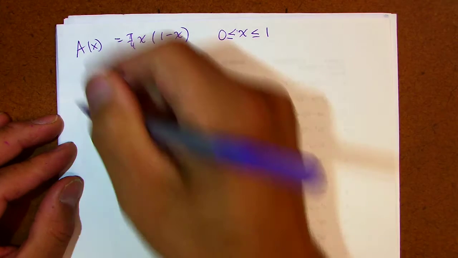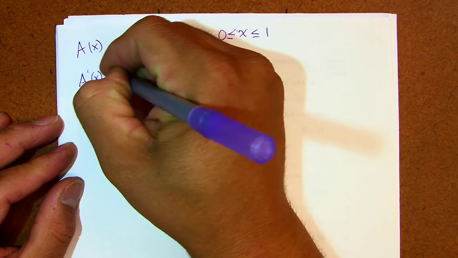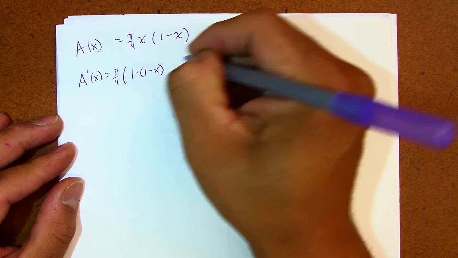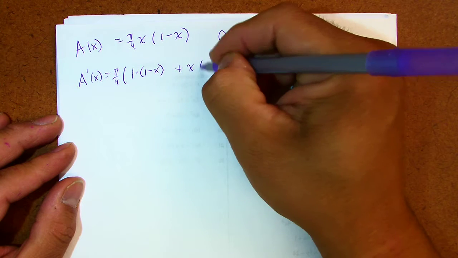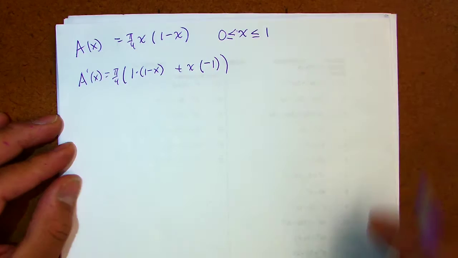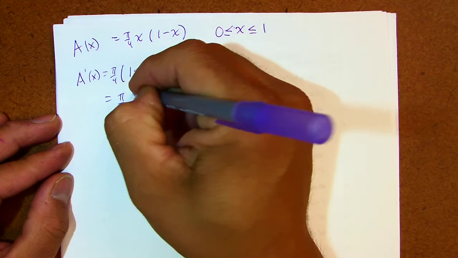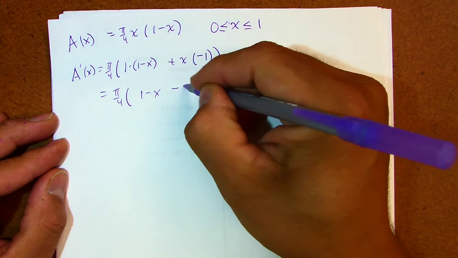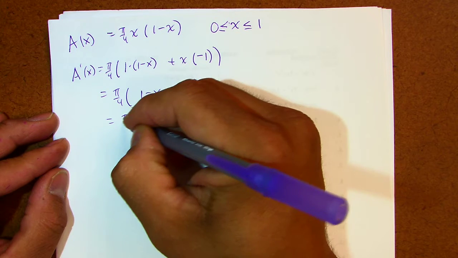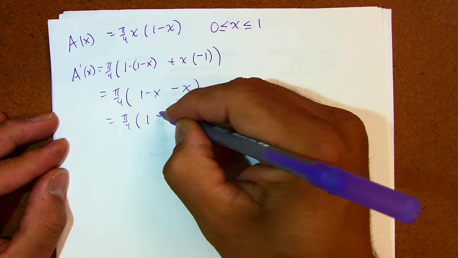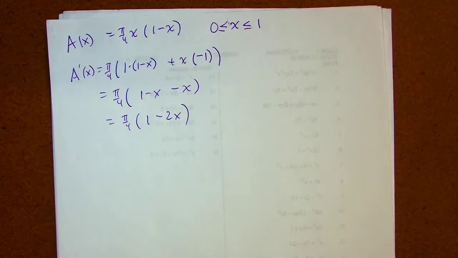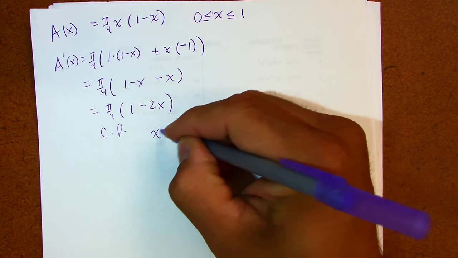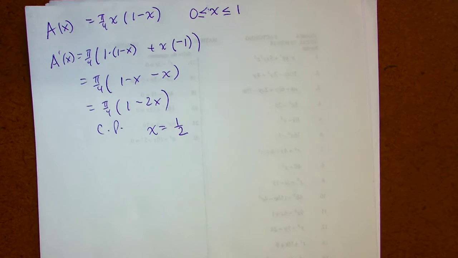If I find the derivative here, we get pi over 4 times (1 minus x plus x), where the derivative of that is negative 1, which simplifies, and the critical point of this is when x is equal to 1/2.